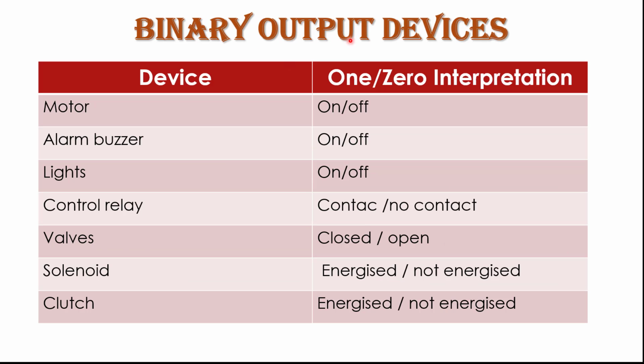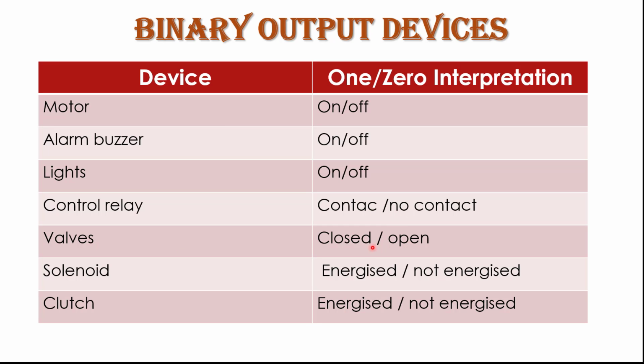Next are the binary output devices. There are a number of different types of binary output devices we use in a PLC. These are motor, alarm buzzer, light, control relay, valve, solenoid and clutch. Now the 1 and 0 interpretation: 1 means the motor is on, 0 means off. 1 means the alarm buzzer is on, 0 means off. 1 means the light is on, 0 means the light is off. 1 means the control relay makes contact, 0 means no contact.